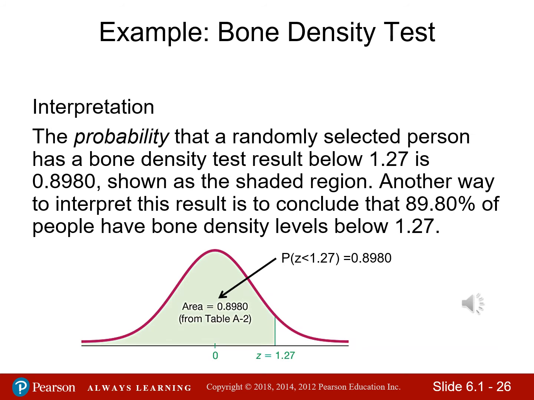Let's interpret our findings. The probability that a randomly selected person has a bone density test result that is below 1.27 is 0.8980, shown in the shaded region. Another way to interpret this result is to conclude that 89.8% of people have a bone density test level that is below 1.27.